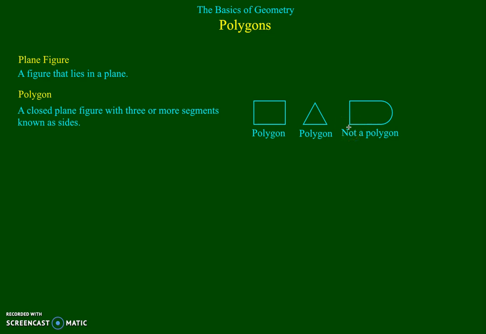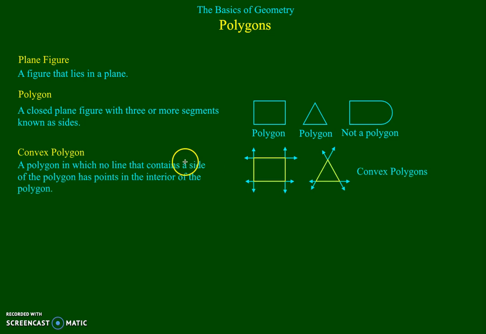Now, we're going to need to classify these polygons, and there's two basic classifications. There's convex and concave. So let's take a look at that. Now notice, I basically took this polygon and drew it here in yellow, but if we extend each one of the sides into lines, you can see that none of the lines that contain the sides of this polygon have points that are inside the polygon.